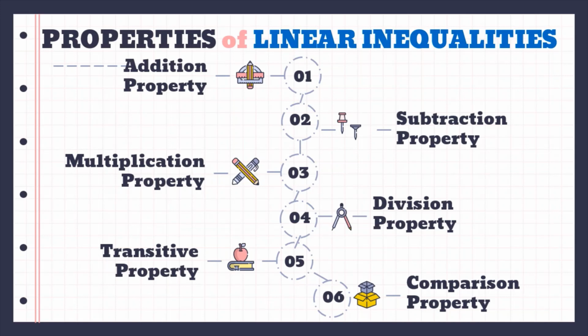Nag-subtract ka both sides, nag-multiply ka both sides, and nag-divide ka both sides. Sa transitive naman, kino-compare mo sila lahat. So, ibig sabihin kung ang value ni x ay mas maliit kay y, and then si y mas maliit kay z, meaning that is transitive property. Sa comparison, ganun din, kino-compare yung dalawang inequalities.